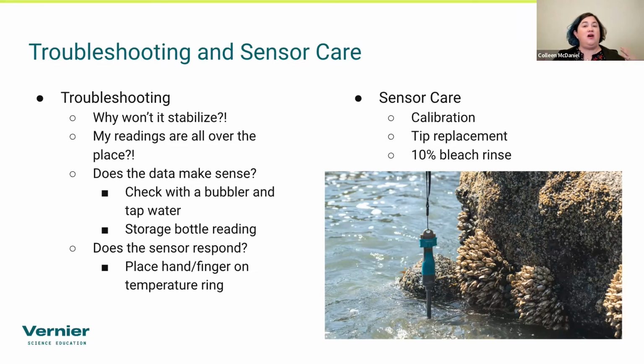My rule of thumb is within 1 milligram per liter is pretty good, because these are not research-based equipment. If you start going over that, that is the time where you might want to consider resetting the probe. I'm going to go over that a little bit after I'm done with the presentation. But basically, when you reset the probe, you're bringing them all back to a central number that hopefully will get them all back within range of each other. And this can happen over time as the tip of the probe starts to age.